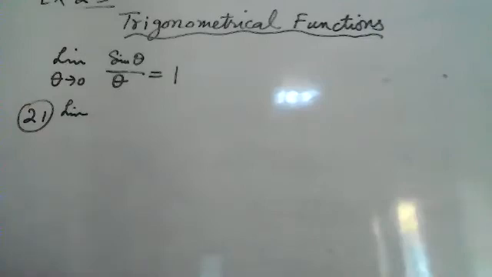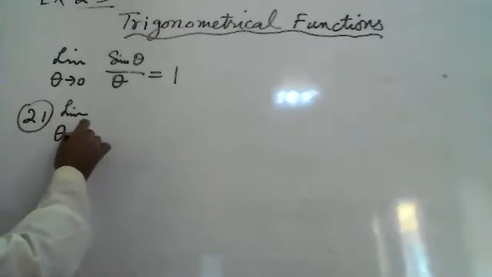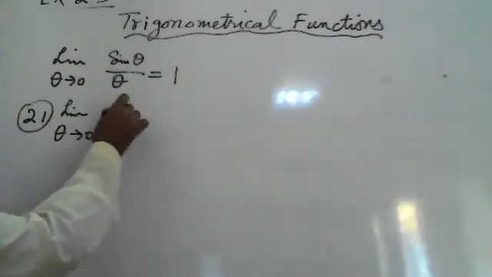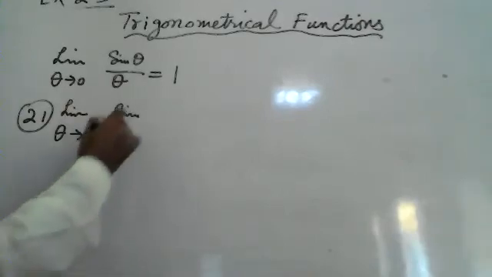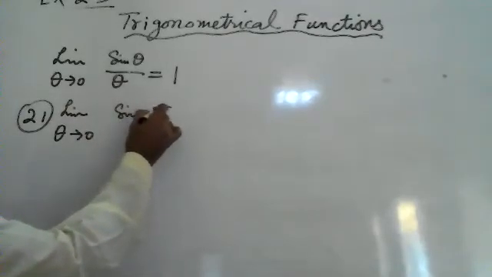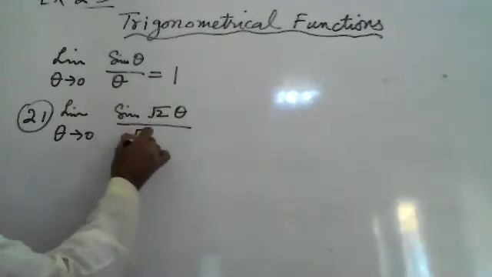Limit theta tends to 0 of sine of under root 2 theta divided by under root 2 theta.